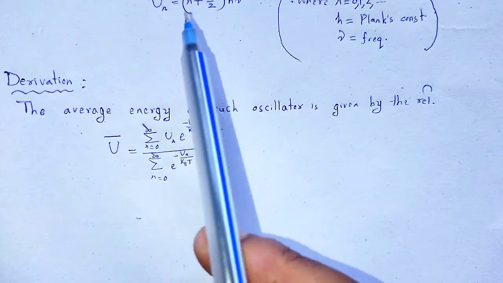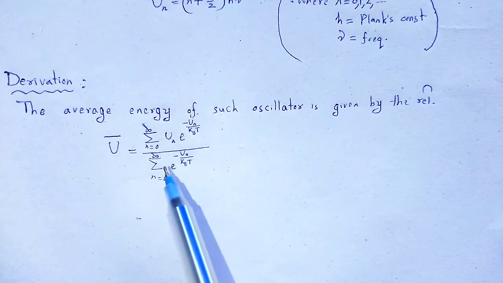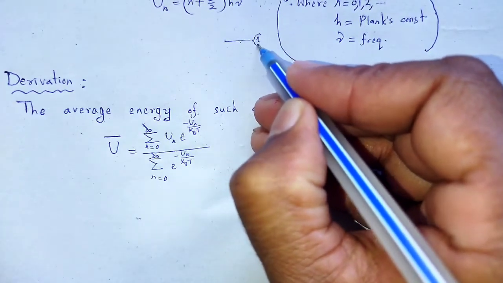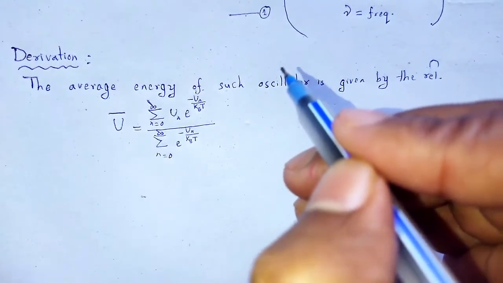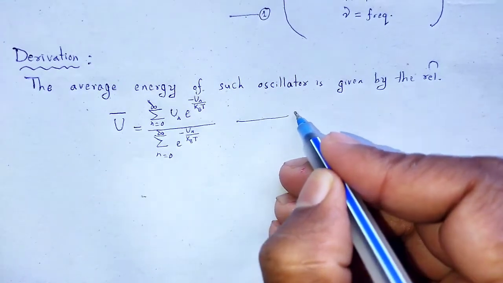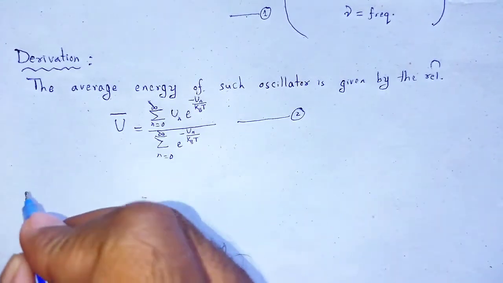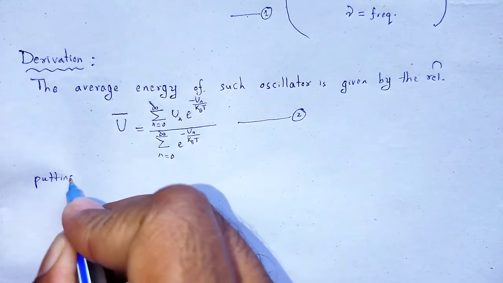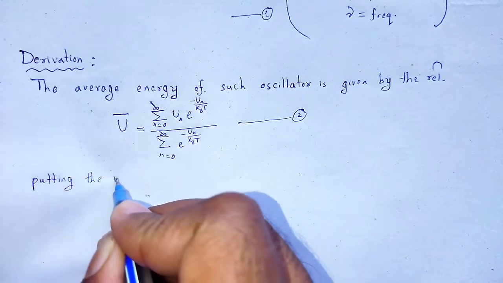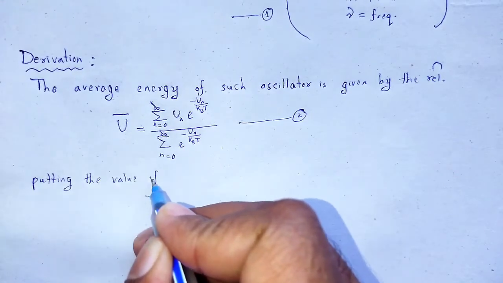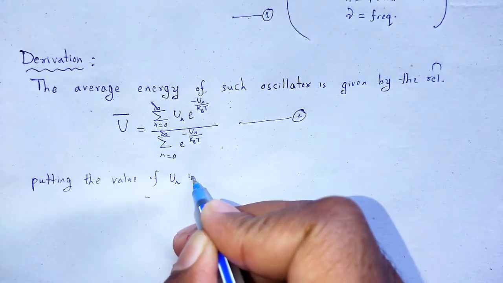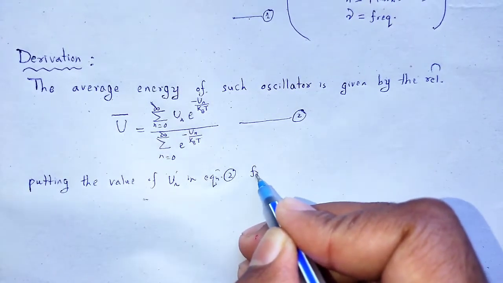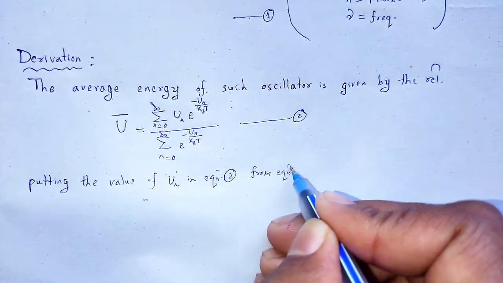Now we put the value of U_n from equation number 1 into equation number 2.